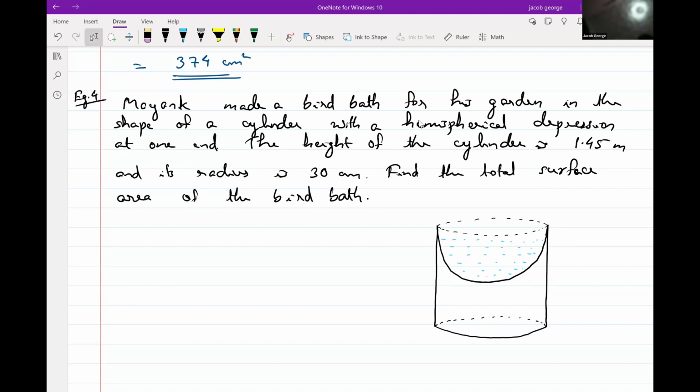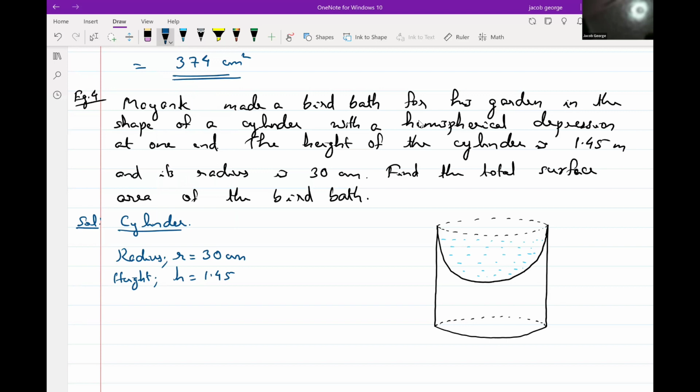Now we have to write the dimensions. Height of the cylinder is 1.45, radius is 30, so clearly the dimensions are given. For the cylinder, radius R is 30 centimeters and height H is 1.45 meters.